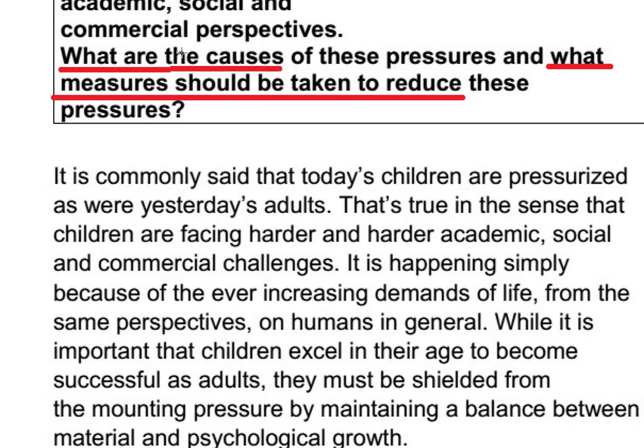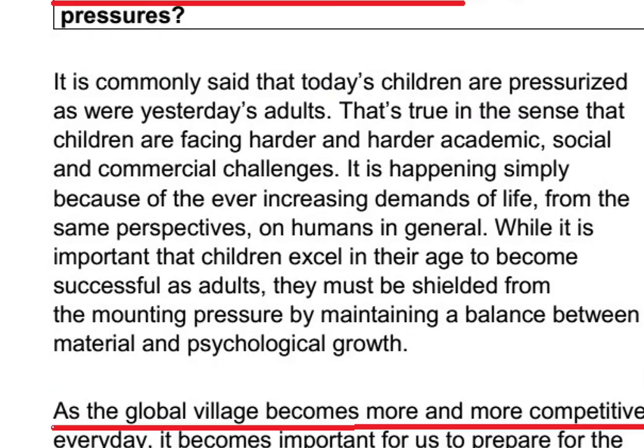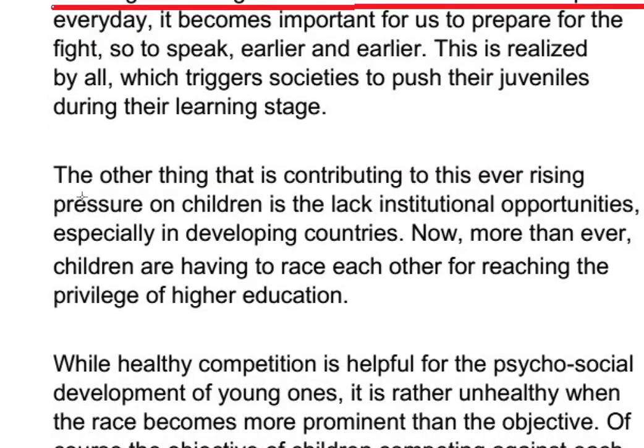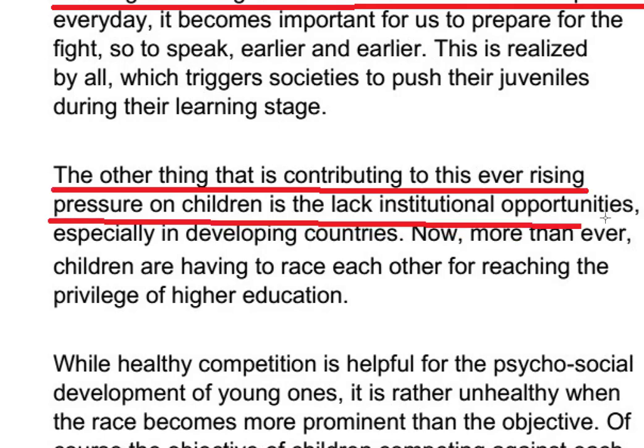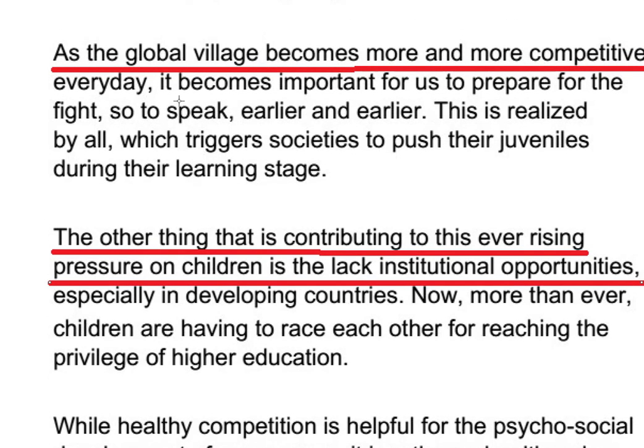So it is addressing this part of the prompt, but not directly. But now here, the second one, this is identified more clearly because they use the phrase the other thing that is contributing to this ever-rising pressure. Okay, so here's the first one, here's the second one. First one, not well identified, this cause.